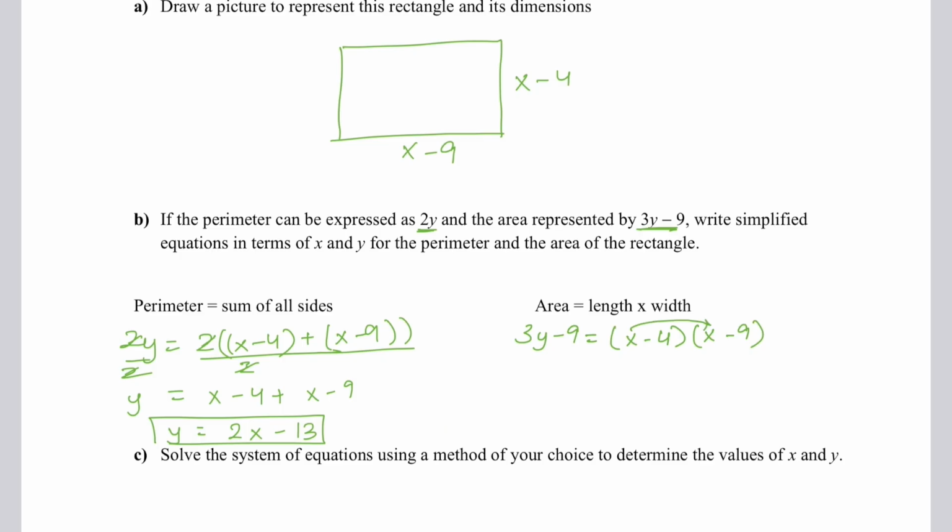Open the brackets, you get x squared minus 9x minus 4x plus 36.